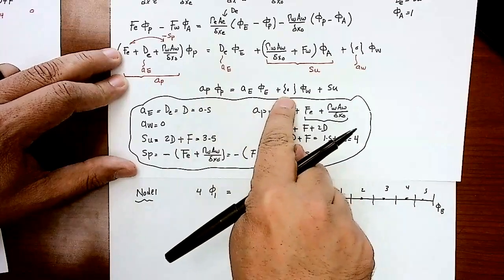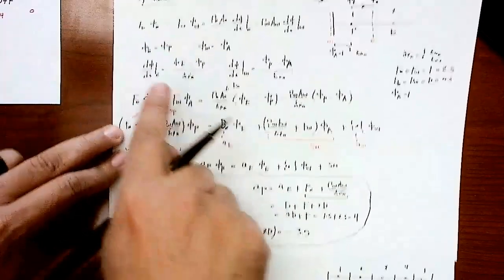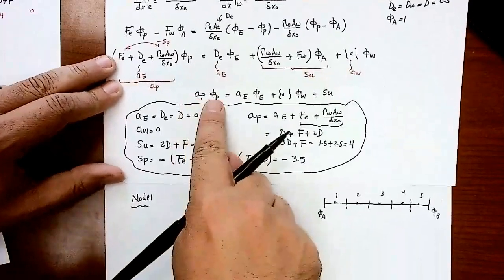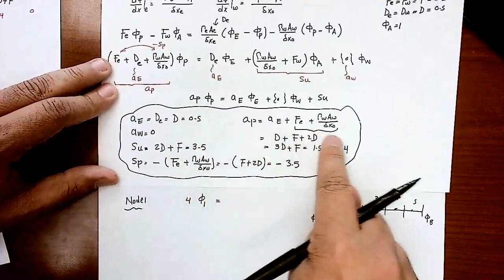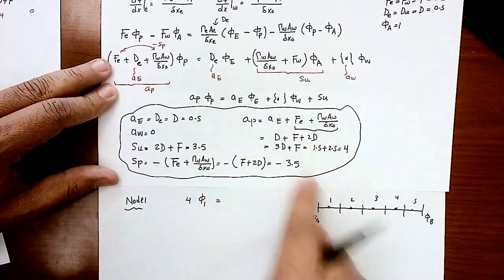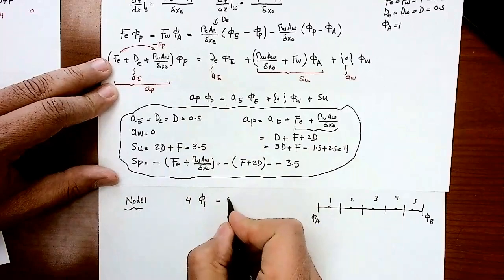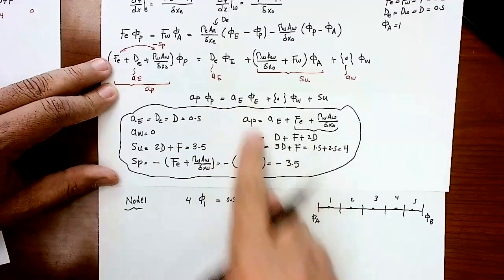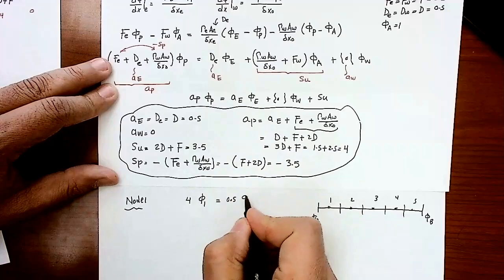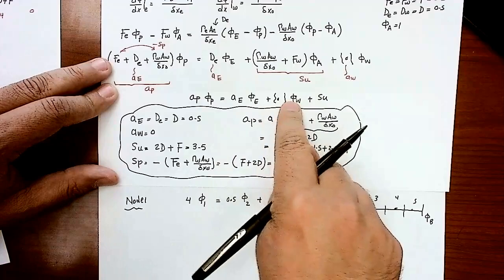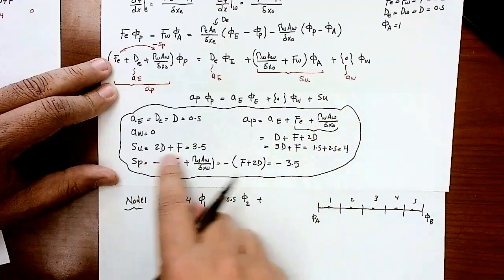This is the general equation that we derived. For node number 1, AP phi P, AP has a value of 4 times phi P. I'm looking for node number 1. Phi east is 0.5, and the east node, phi east, is phi 2 plus 0, that's gone, and SU is 3.5.